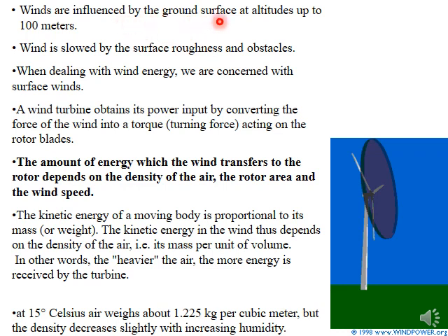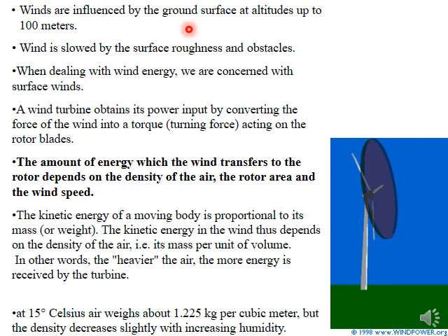The thing which we have already discussed is that the wind is influenced by the ground surface at the altitude up to 100 meter. That means from the earth's surface up to 100 meter, the wind velocity is affected by the nature of ground surface, whether the surface is rough, whether the surface has some steep rise.